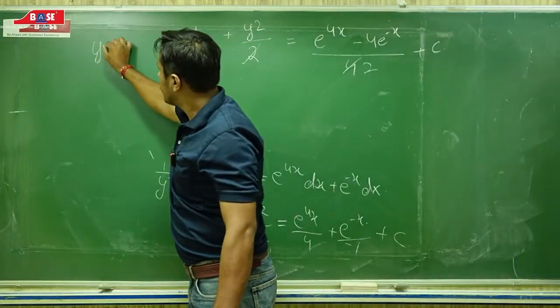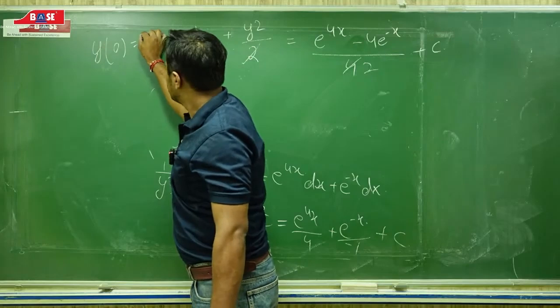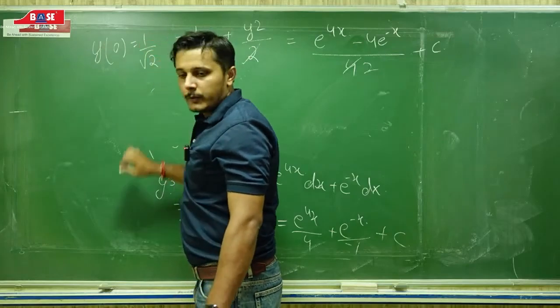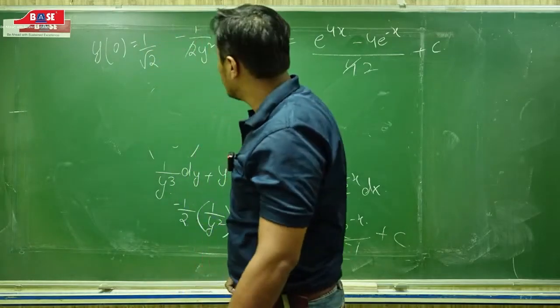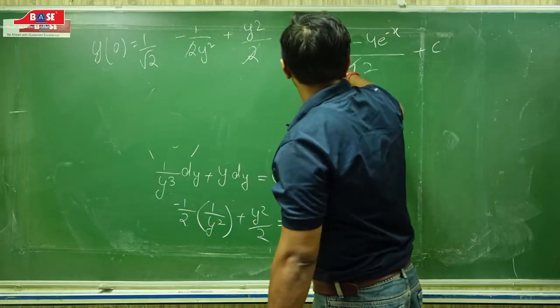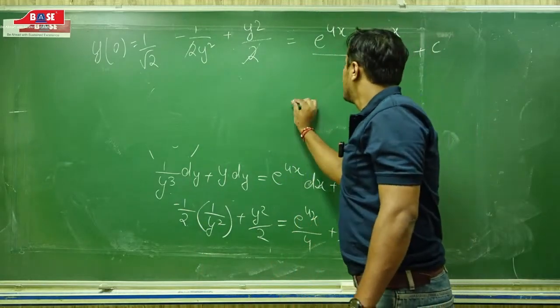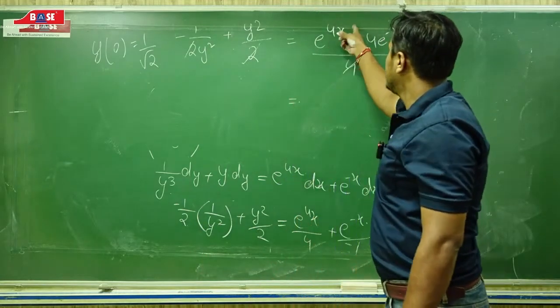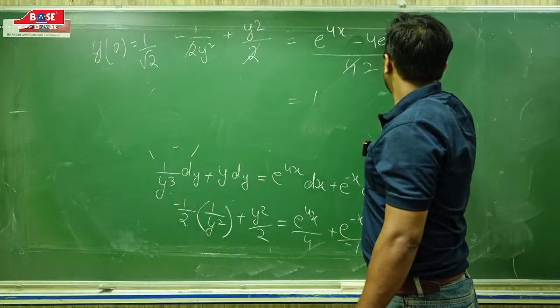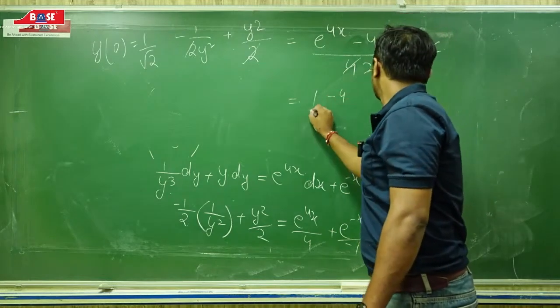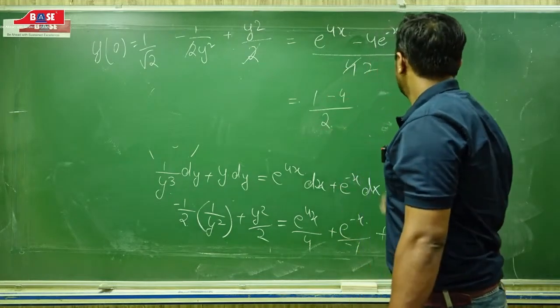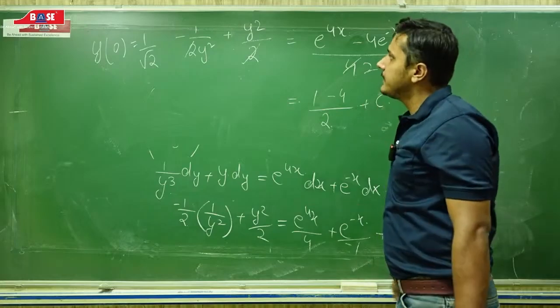The information given is that y of 0 is 1 by root 2. So in place of x, put 0. This side will become e to the power 0, which is 1, e to the power minus 0 again 1, so minus 4 upon 2, plus c.